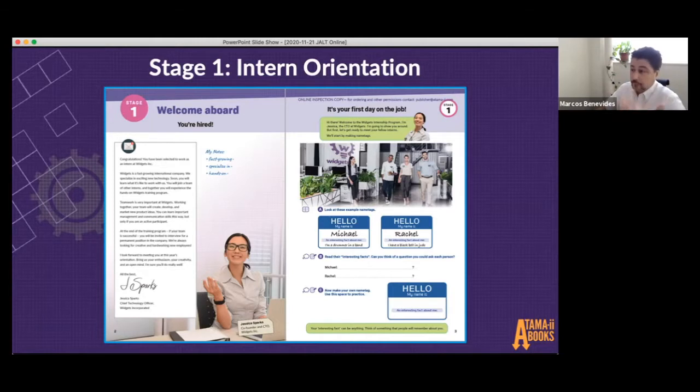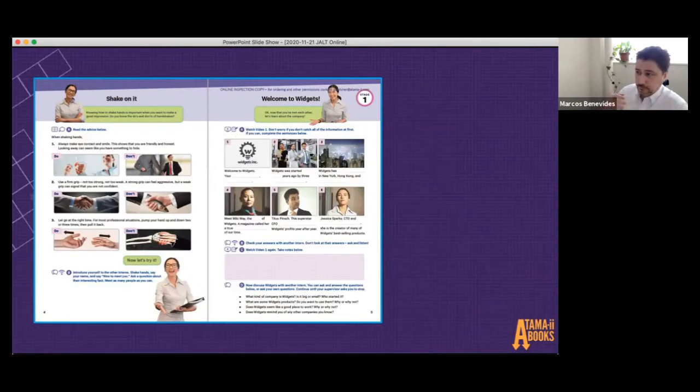They essentially read a letter that invites them to join the company as an intern. Then they join on the first day of the job. They make name tags, and they shake hands and get to know each other. So it's a kind of introduction, orientation to the company. It's very simple tasks, right? These are very easy tasks. And you'll see how very quickly the tasks become more complex.